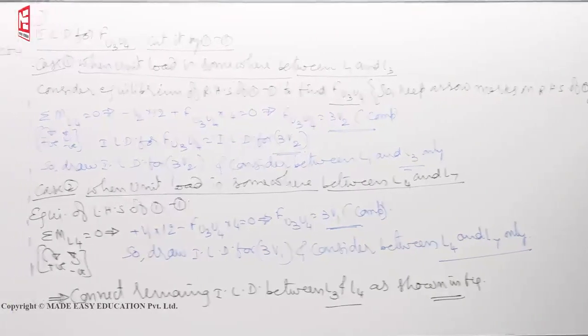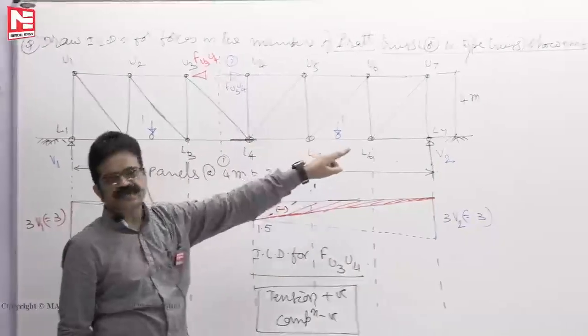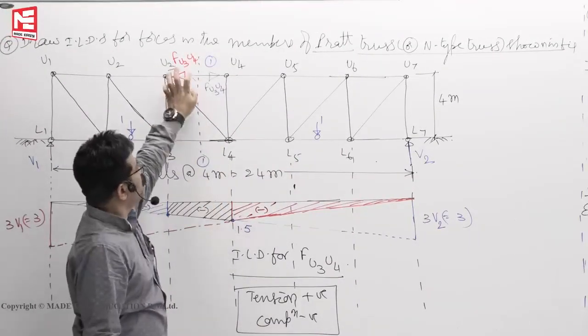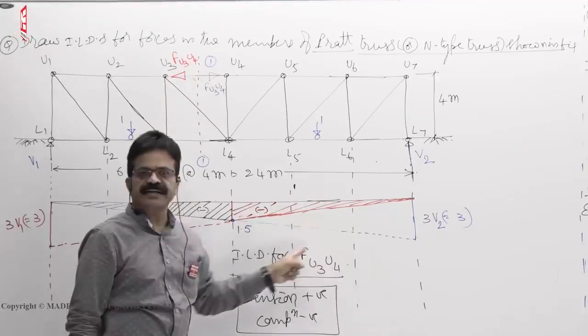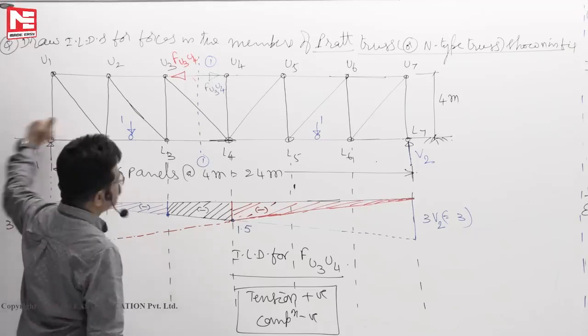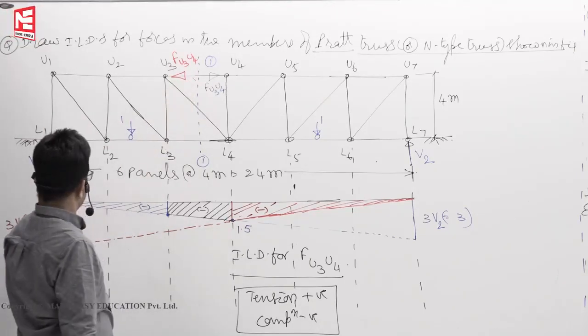Now what is the purpose of drawing this influence line diagram? When a unit load is moving from one end to the other end, the influence of that unit load on FU3, U4 is this shaded one. What this tells you is when the load enters the bridge, force in the member U3, U4 is 0.